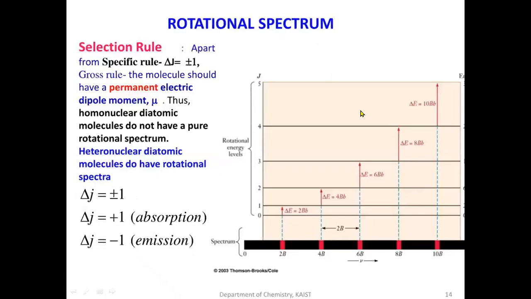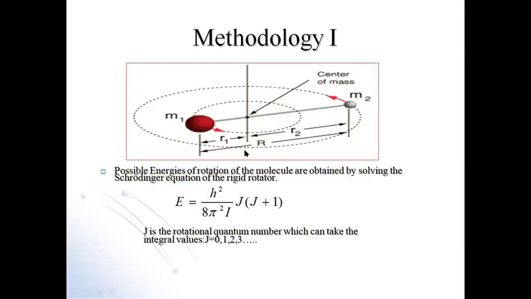with your other model, which is a non-rigid rotator. When the molecule is rotating, both atoms experience centrifugal forces. The bond length, this distance r, does not remain constant, and there is a change in distance r, where r is not fixed.